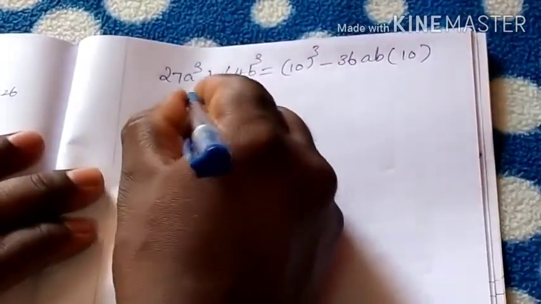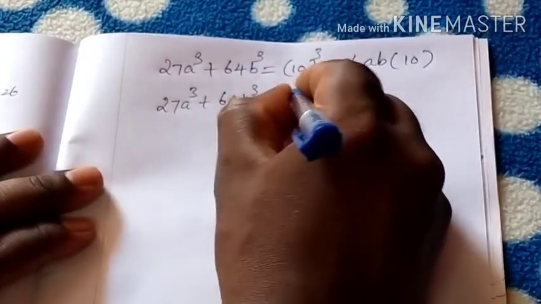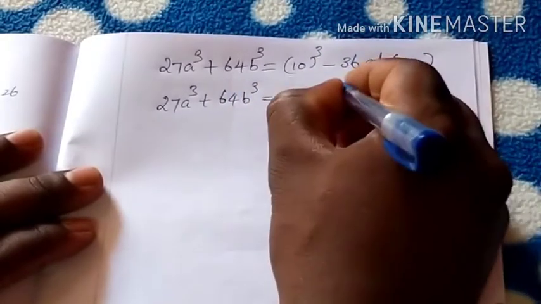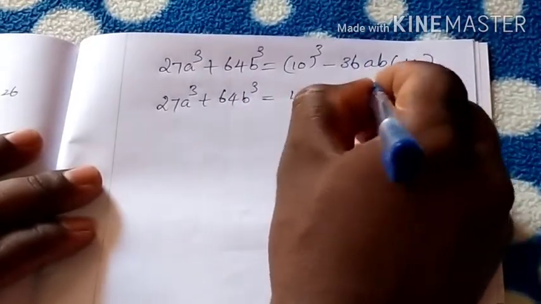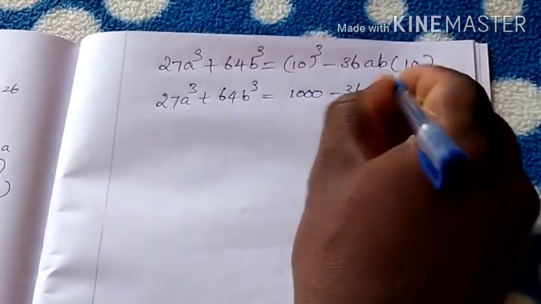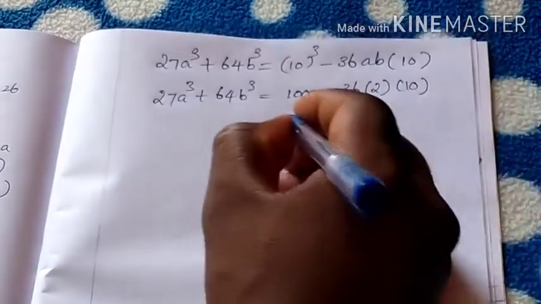Then 27a cube plus 64b cube equal to 10 cube is 1000, minus 36 into the given ab value, which is 2, into 10.